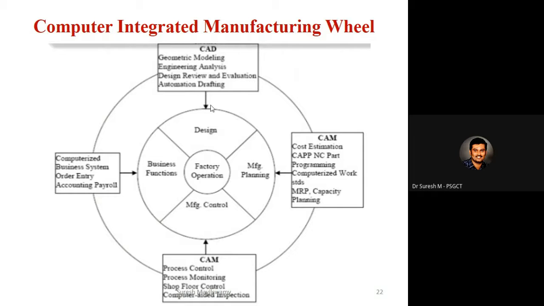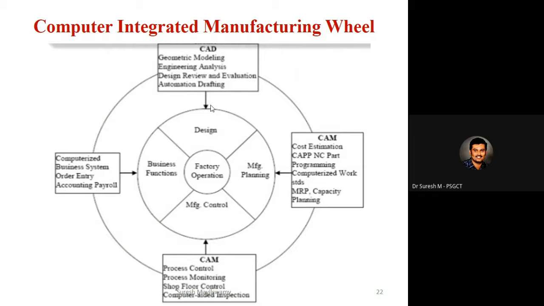And then considering CAM, computer-aided manufacturing, here we have cost estimation, computer-aided process planning, NC part programming, computerized work standards, material requirement planning, manufacturing resource planning, capacity planning, and so on. So this is the work of the CAM, computer aided manufacturing system.